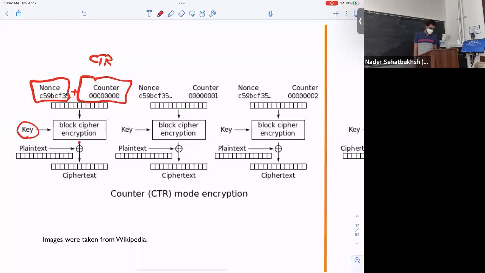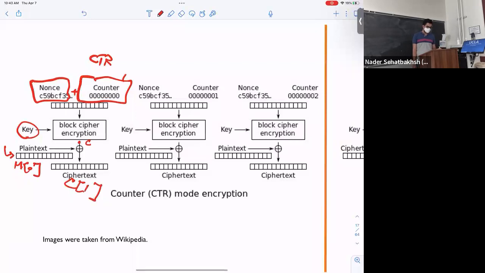Then we're going to XOR this value with the first block of our plaintext, in this case M0. When we XOR M0 with this encrypted value, we get our C1. Okay. And then we keep repeating this.